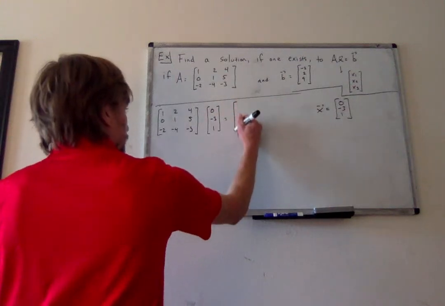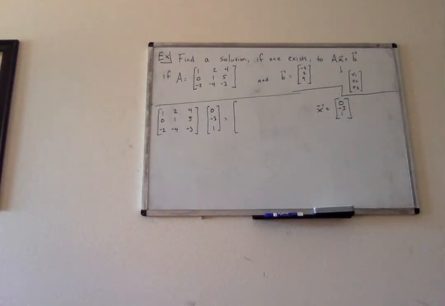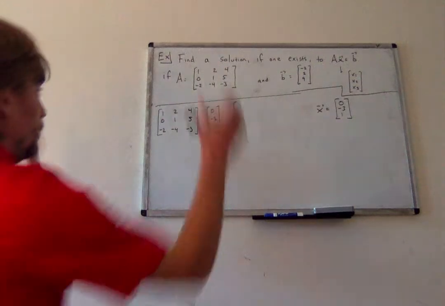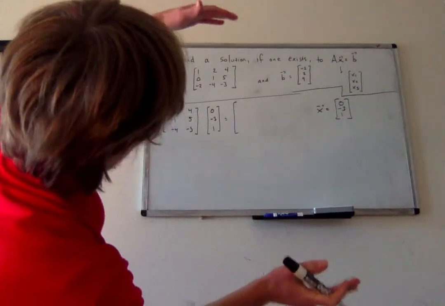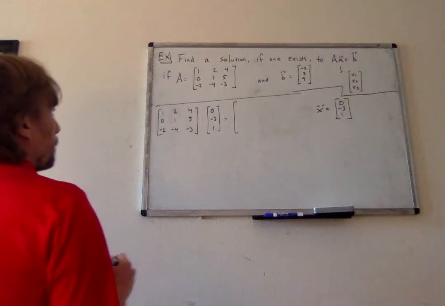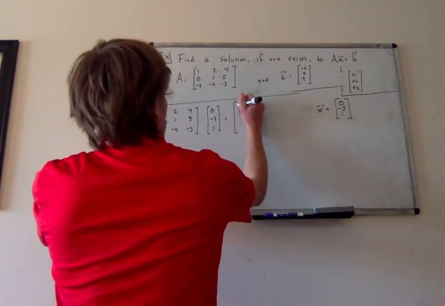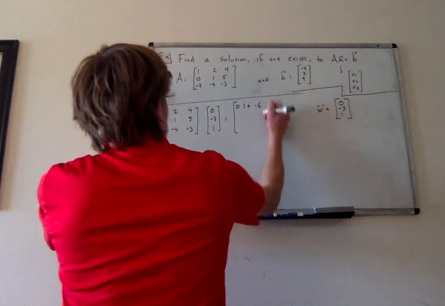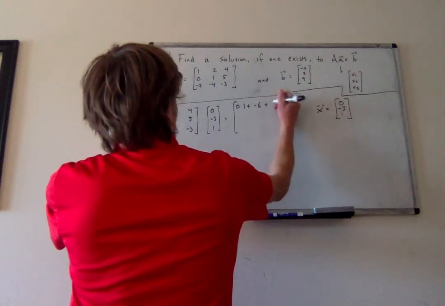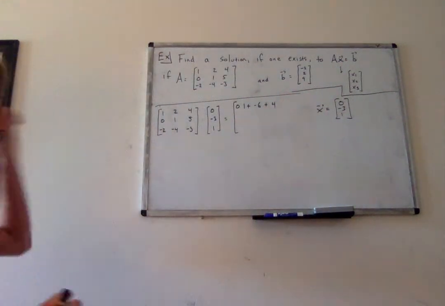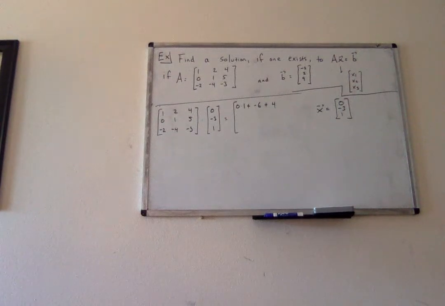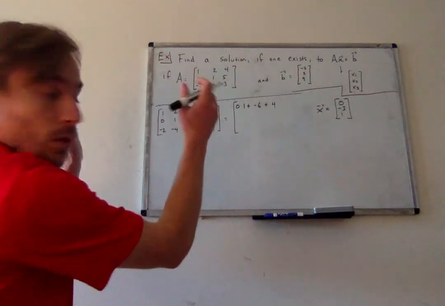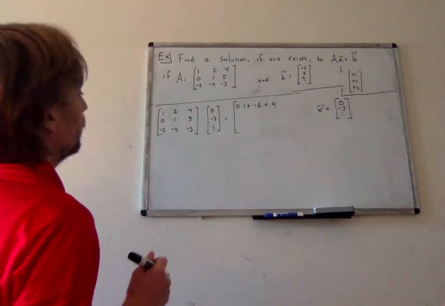All right, so we want to do this matrix times this vector. So take the first row, match it up with the vector. What do we get? We get 0 times 1 plus 2 times negative 3 is negative 6, plus 4 times 1 is 4. So far, so good. Second row, match it up with the vector.